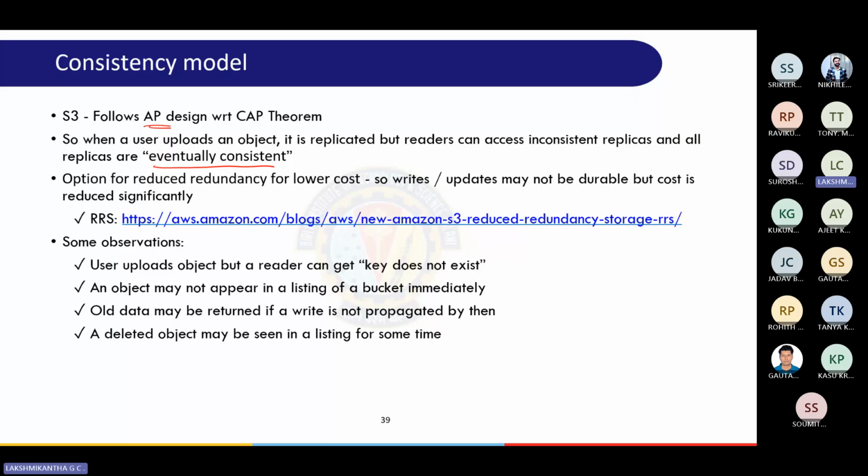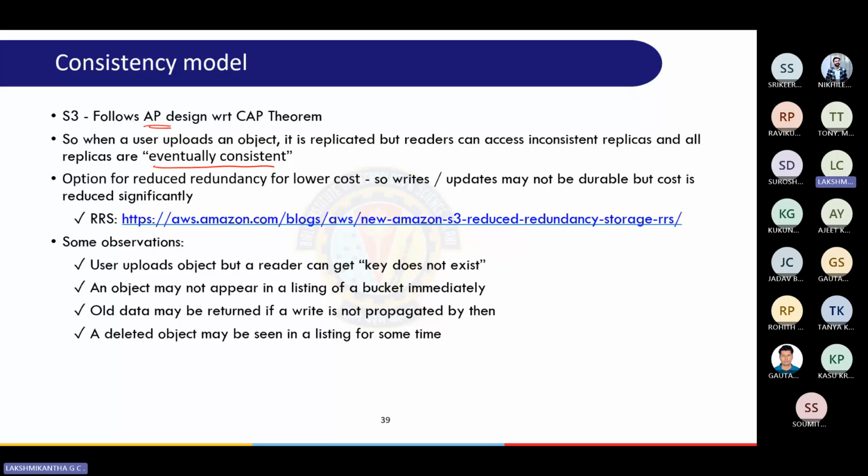So let us look at the practical implications, the observations. What are the observations I have mentioned here? The very first observation is stale data on read. Guys, if one user writes data and another user reads it immediately from a different replica, the reader may get old data.